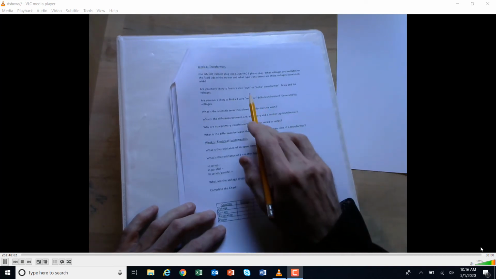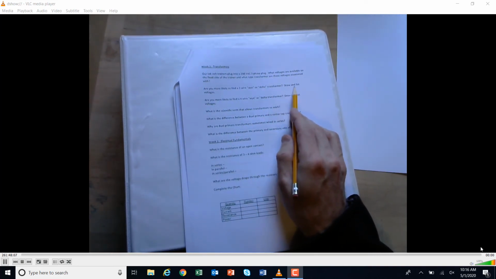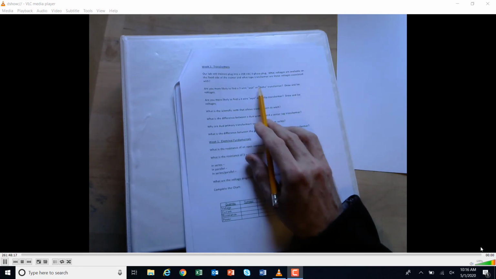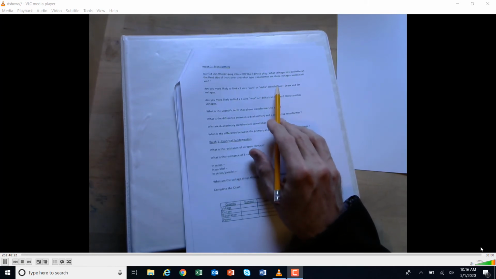Are you more likely to find a 3-wire Y or delta transformer? So once again, you want to draw the list of voltages. It's going to depend on what your application is and what your devices are and what's available in your facility, okay? But you want to know what these are.